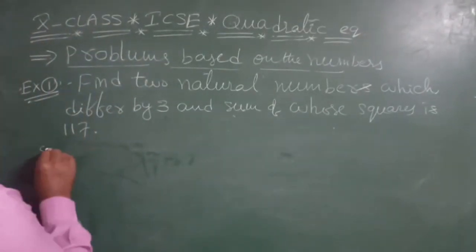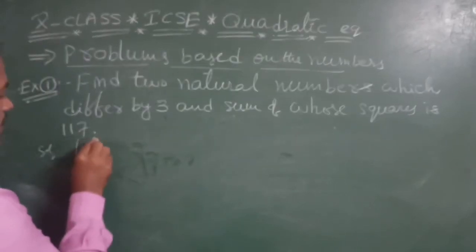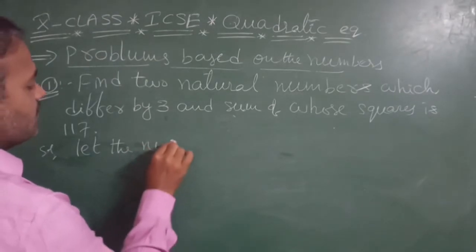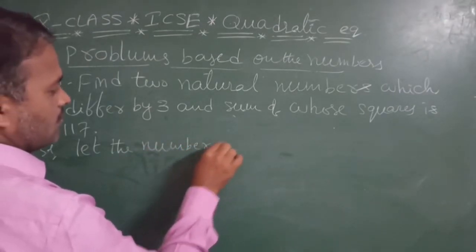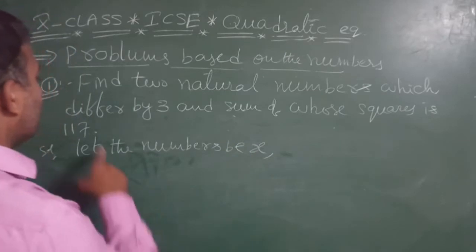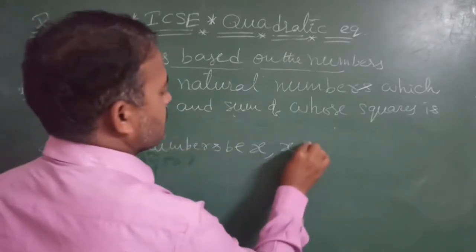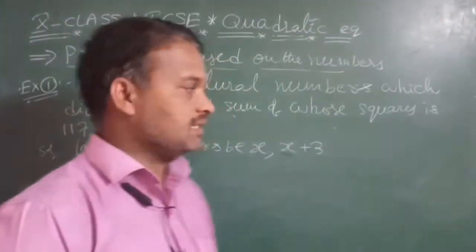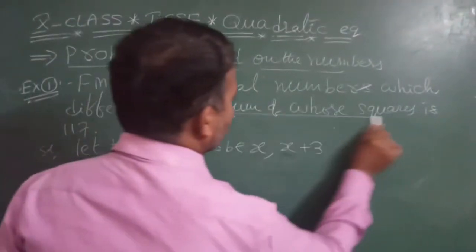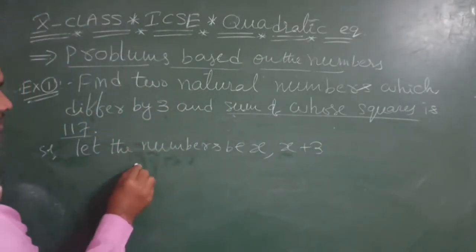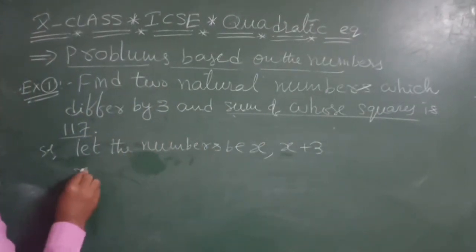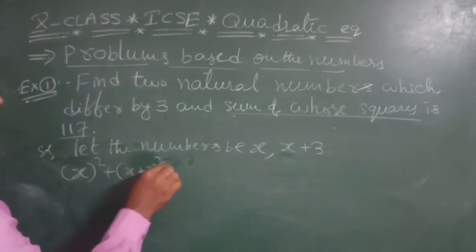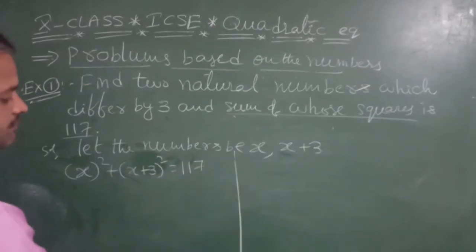In the solution, let the numbers be x, and since they differ by 3, the other is x plus 3. As per the condition, the sum of squares is 117, so x square plus (x plus 3) whole square is equal to 117.